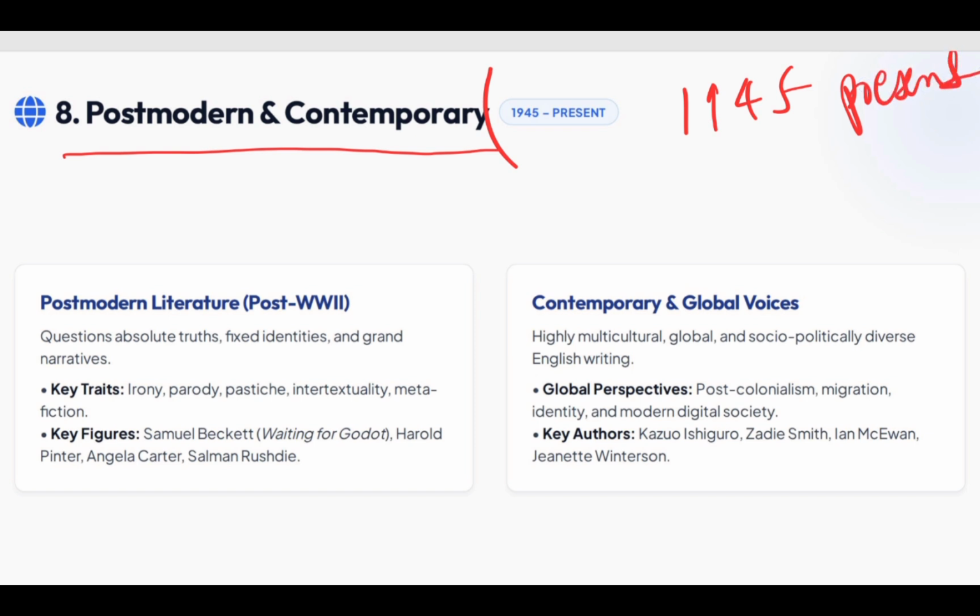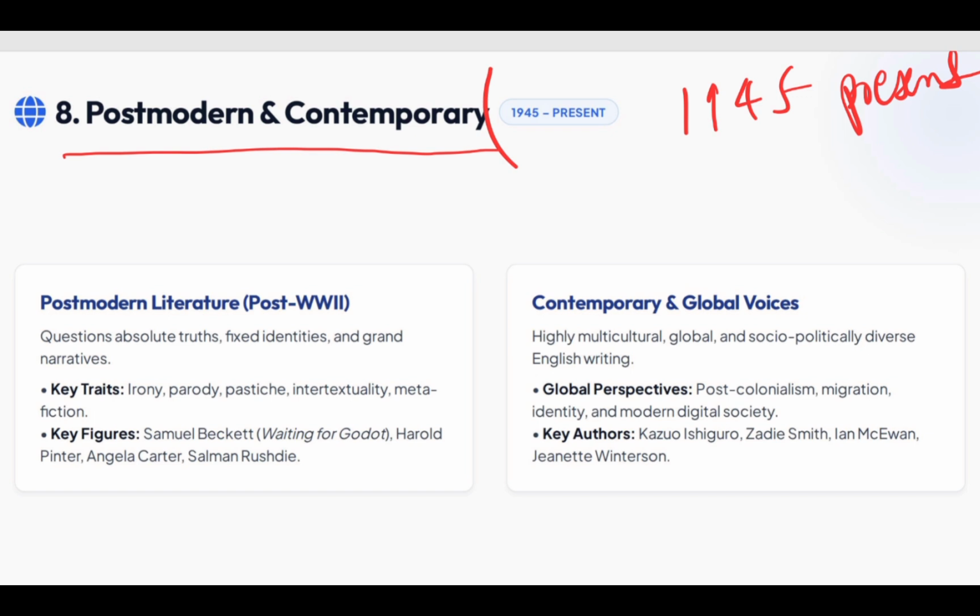After the Second World War, literature became increasingly diverse and experimental. Postmodern literature often questions absolute truth, fixed identity, grand narratives, traditional literary forms, stable meanings. Important characteristics are fragmentation, intertextuality, irony, pastiche. You must be thinking, what is irony, what is pastiche?